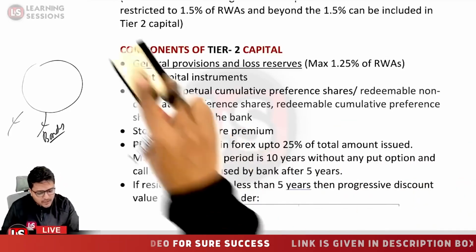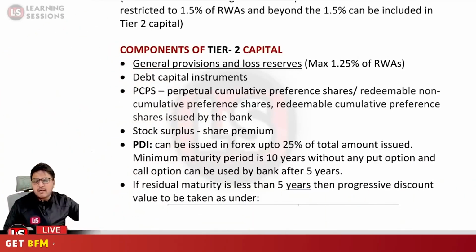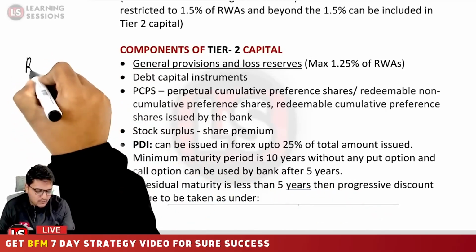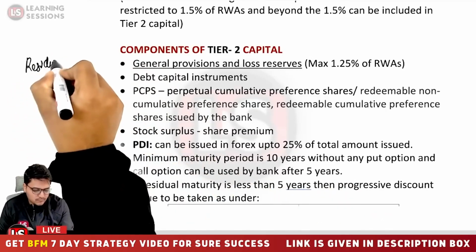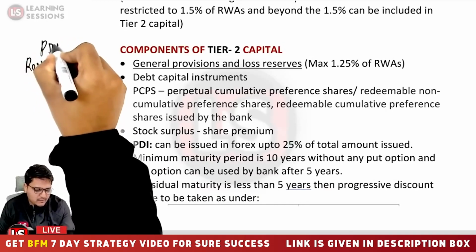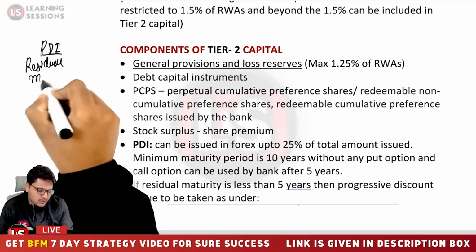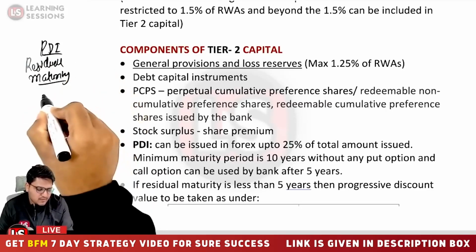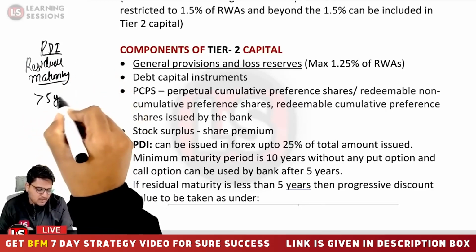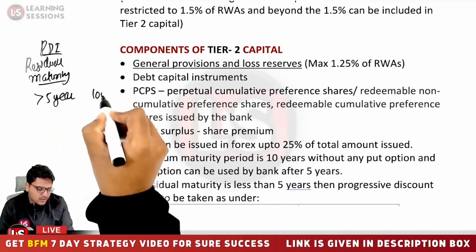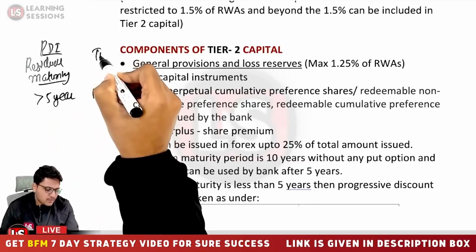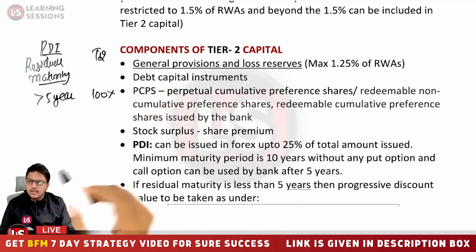And let me tell you a very important scenario related to it. That is related to the residual maturity. So I'm just writing it over here. In the case of the PDI, if the residual maturity of the bond is greater than 5 years, then 100% of the value is to be considered as tier 2 capital.